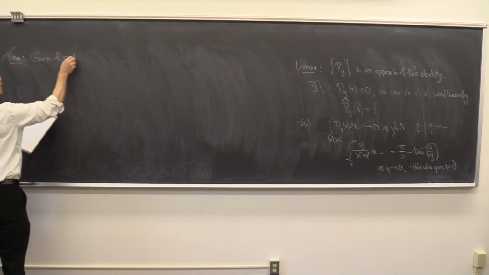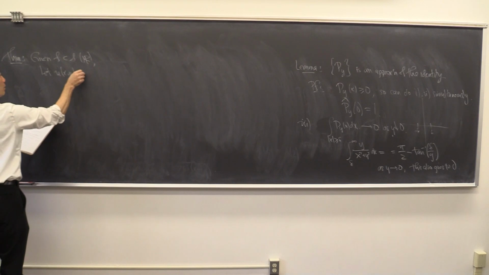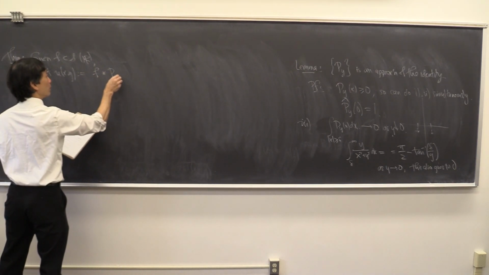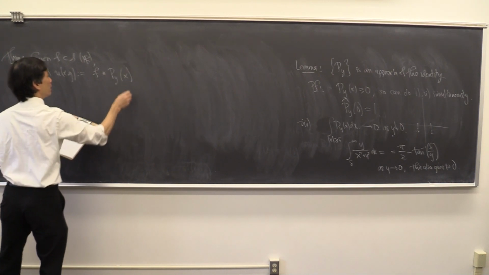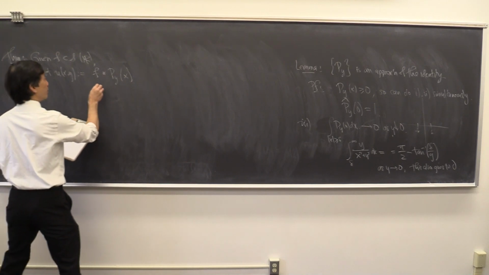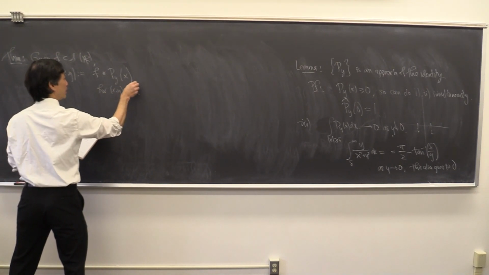Given f in the Schwartz class, let u of x, y be defined as f convolved with the Poisson kernel for x, y in the upper half plane.